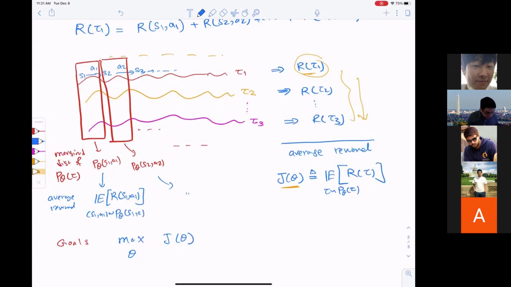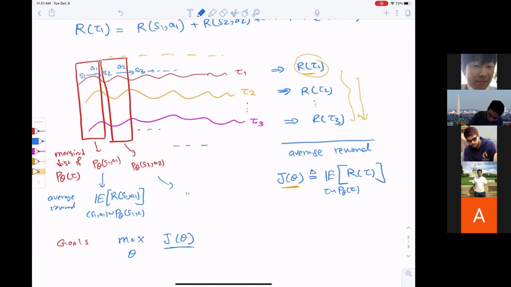So in other words, this J of theta not only can be computed by looking at the rewards for each trajectory, I sum up row wise and then I look at the average column wise. I can look at the expectation for each state action pair and then sum them up.